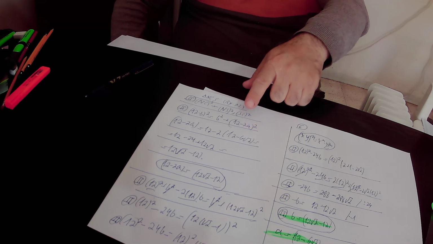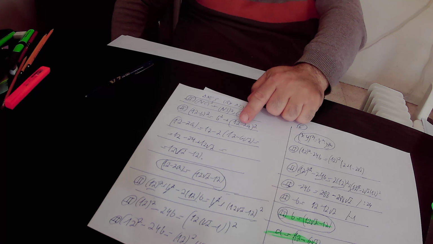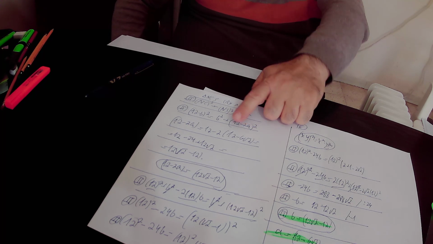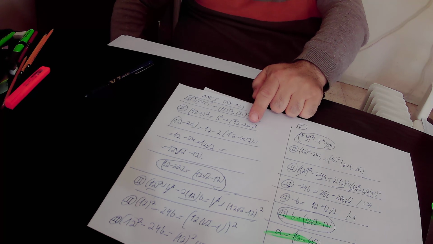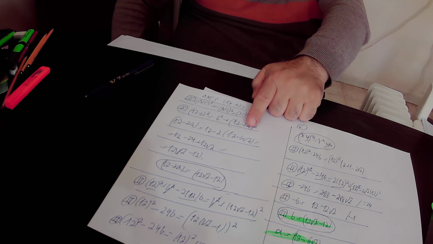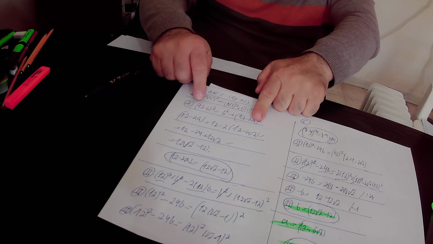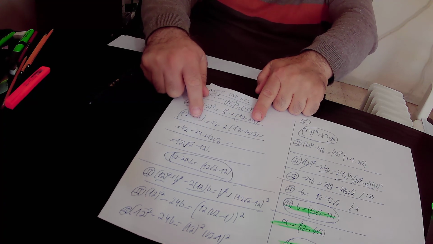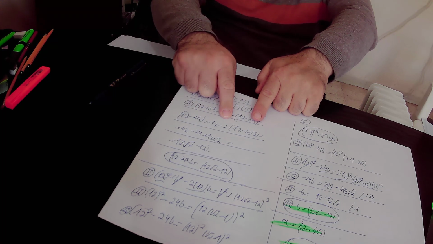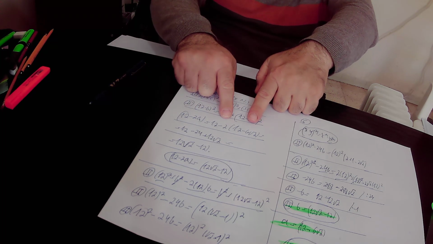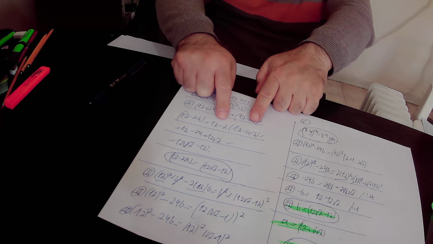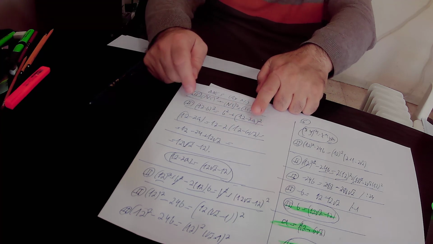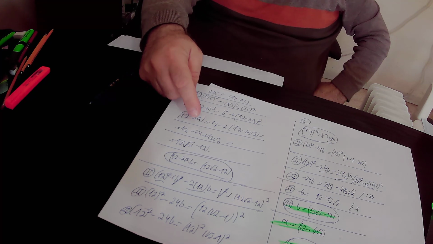Opening the brackets, 2 times 12 is 24, and 2 times minus 6 is minus 12, but minus times minus is plus, so it is plus 12 times root of 2. 12 minus 24 is minus 12.